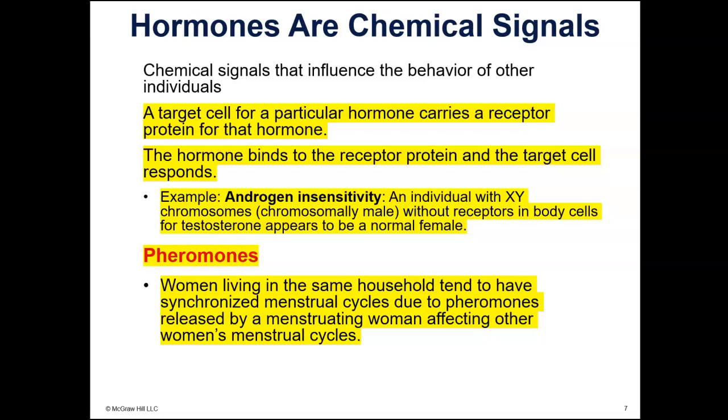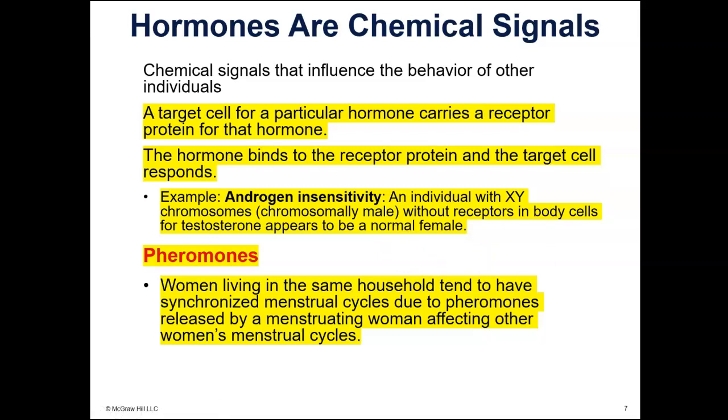Now, pheromones we mostly hear about with insects and other animals, but pheromones are produced by humans. And there are 2 examples I can give you. One is this one. Women living in the same household tend to have synchronized menstrual cycles due to pheromones released by a menstruating woman affecting other women's menstrual cycles.